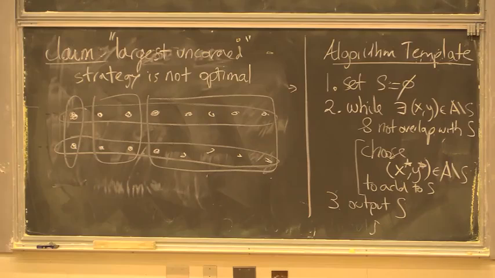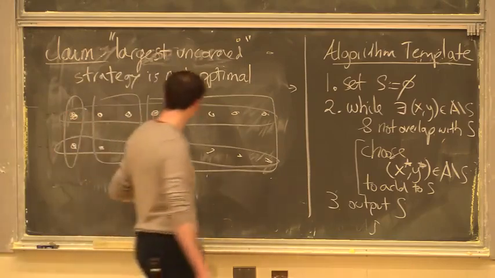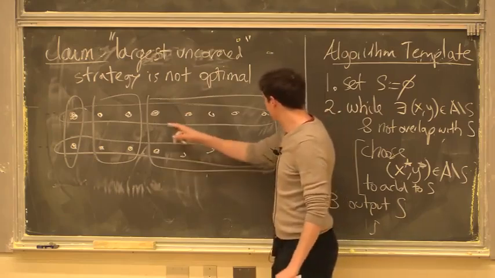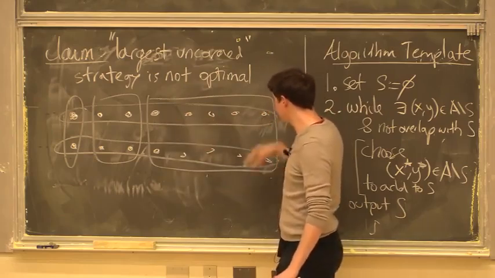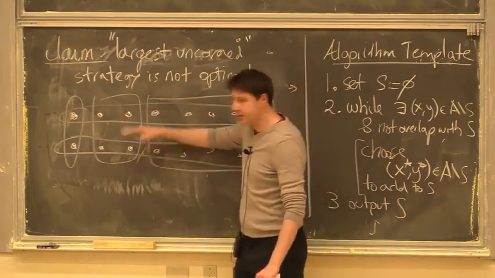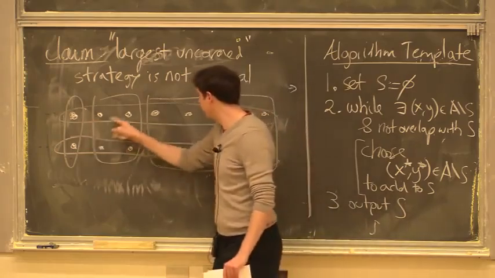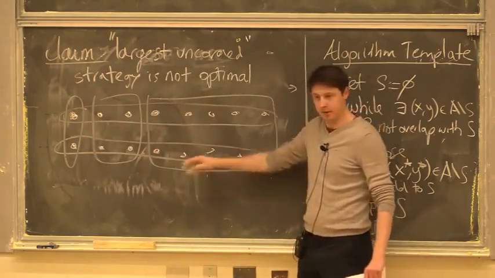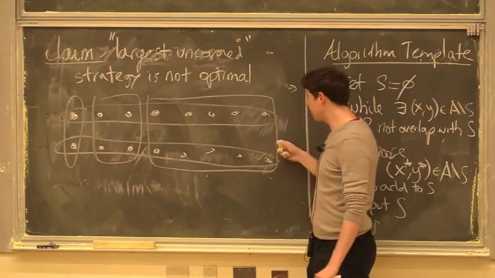It will start with this one, because this guy is pretty big. There is 1, 2, 3, 4, 5, so that's 10 points here. And neither of these other things is as good. There is 1, 2, 3, 4, 5, 6, 7, 8. So it's going to pick this one.